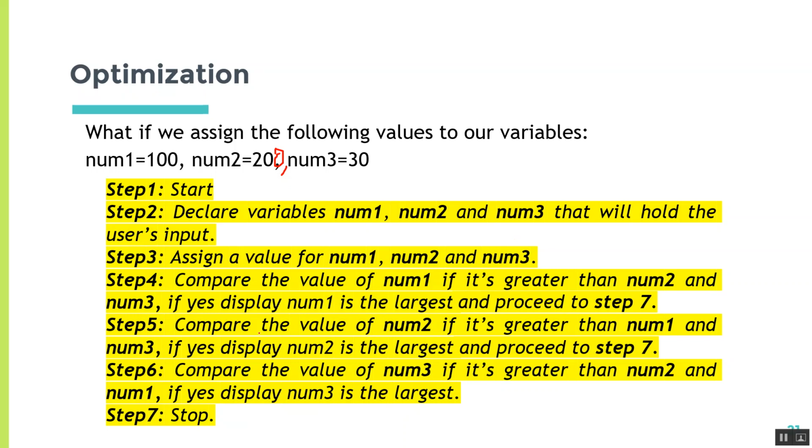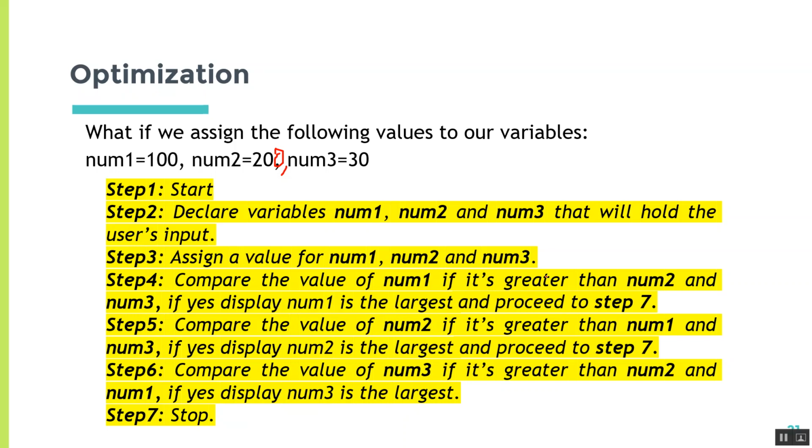Compare the value of num2 if it's greater than num1. Since in step 4 we already knew that num2 is greater than num1, or num1 is not displayed as the largest value since either num2 or num3 is greater than num1, we don't have to compare num1 to num2 in step 5.